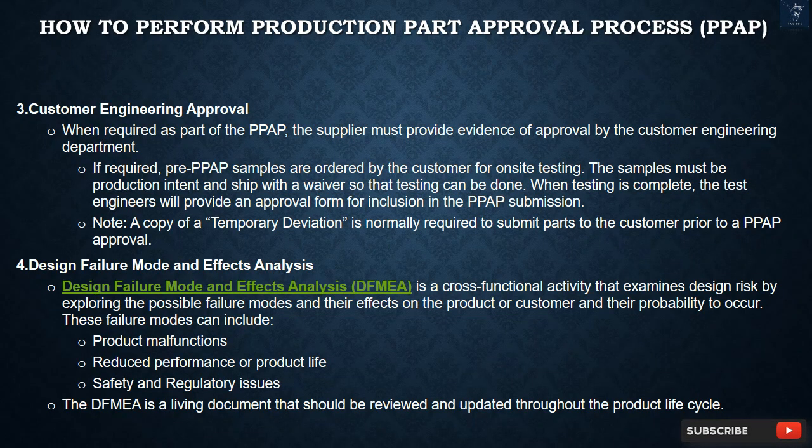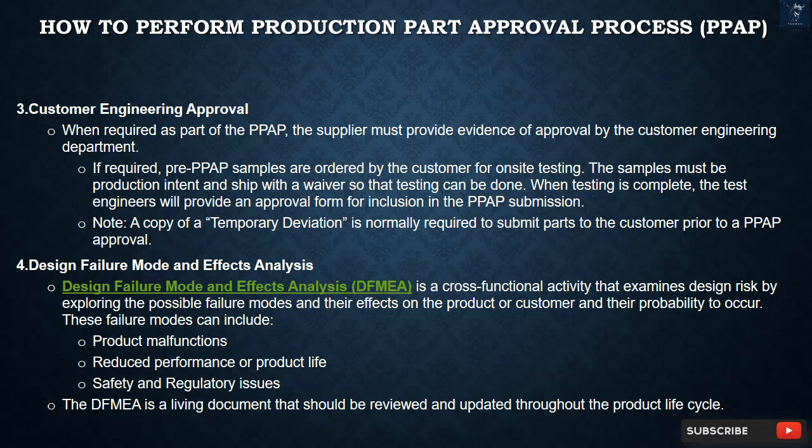When testing is complete, the test engineers will provide an approval form for inclusion in the PPAP submission. Note: a copy of a temporary deviation is normally required to submit parts to the customer prior to a PPAP approval.